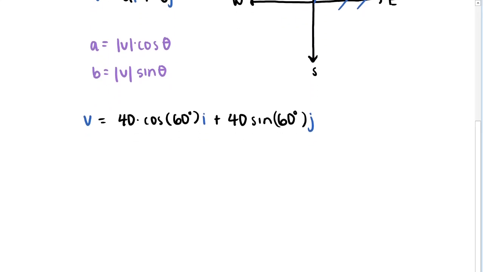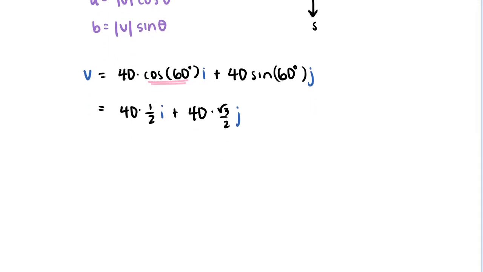So 40 times cosine of 60. What is cosine of 60 equal to? It's 1/2. So this is 40 times 1/2 i plus 40 times sine of 60, which is the square root of 3 over 2, times j.